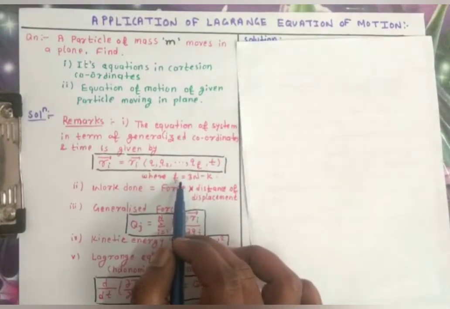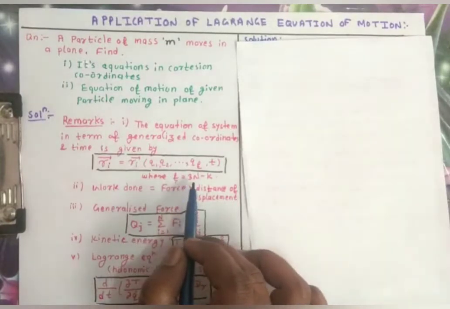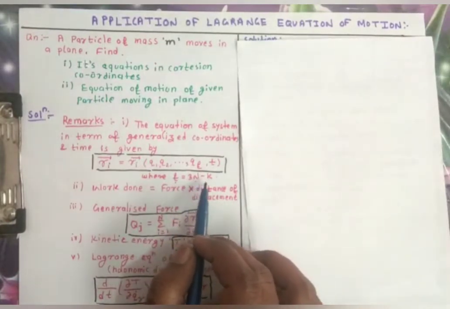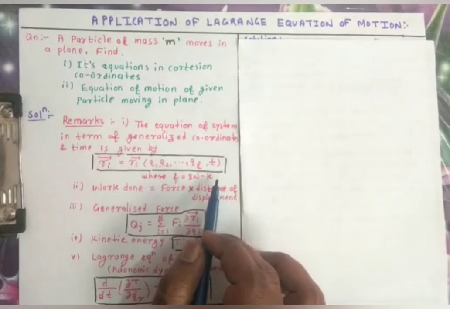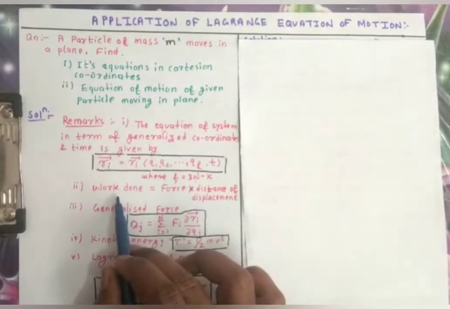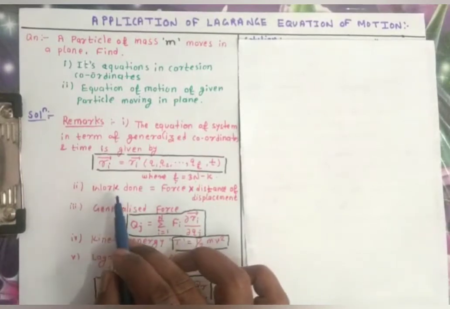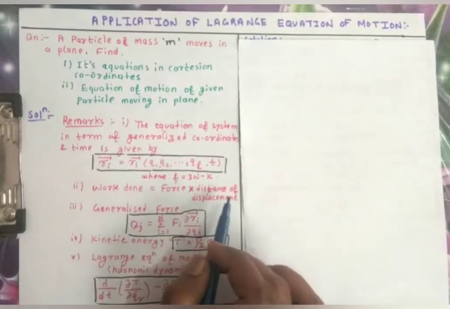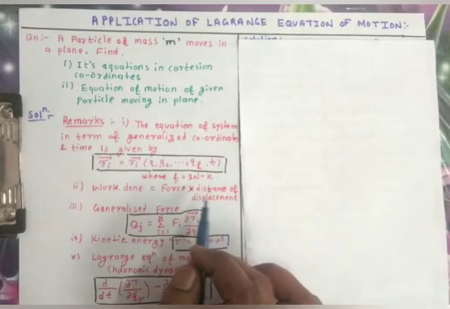That is, f is equal to 3n minus k, where n is the number of particles and k is the number of constraints.